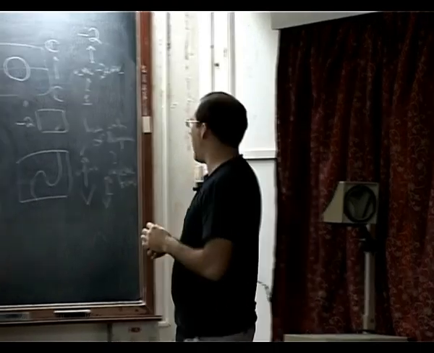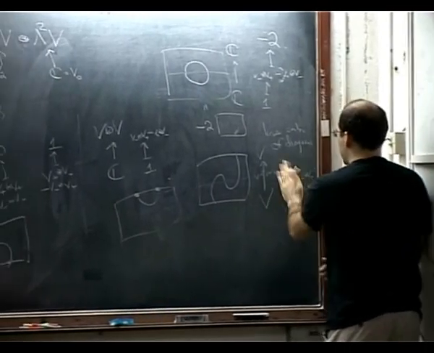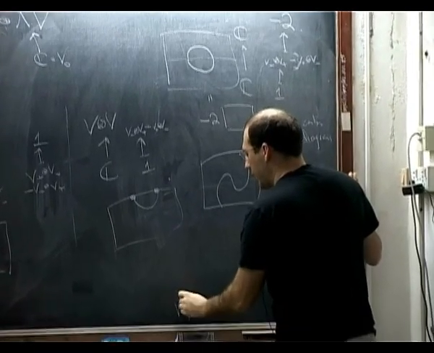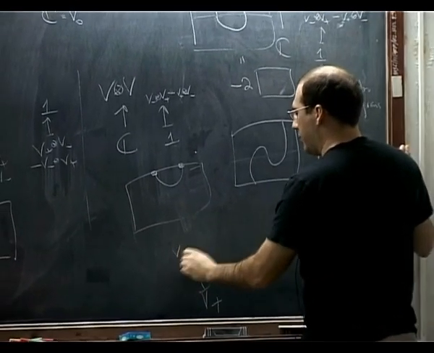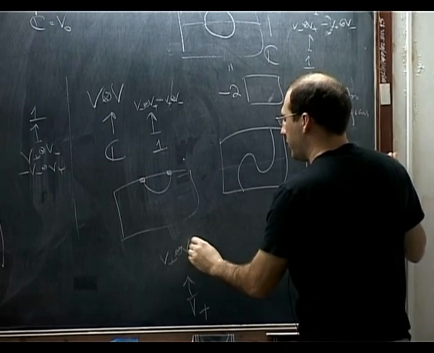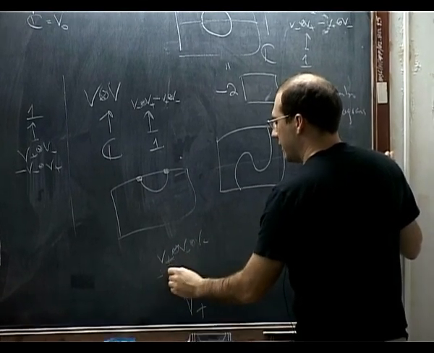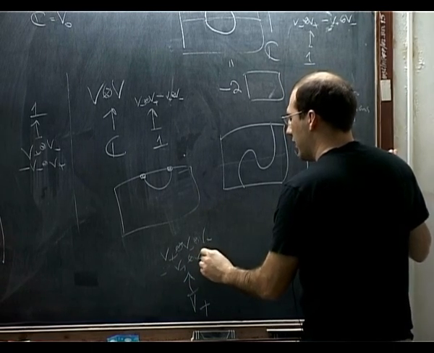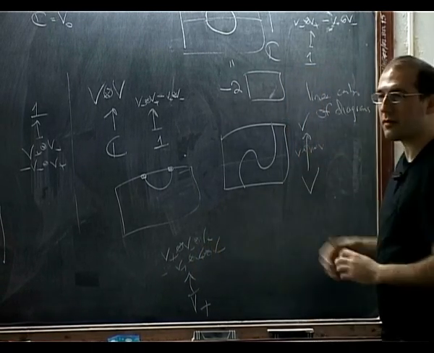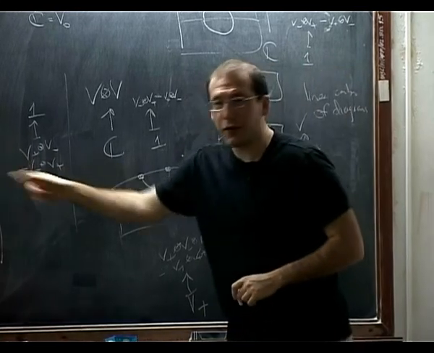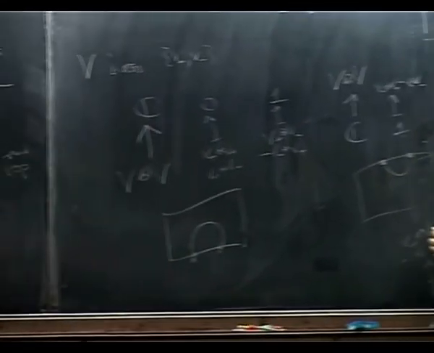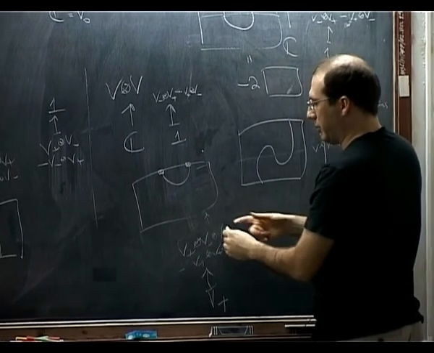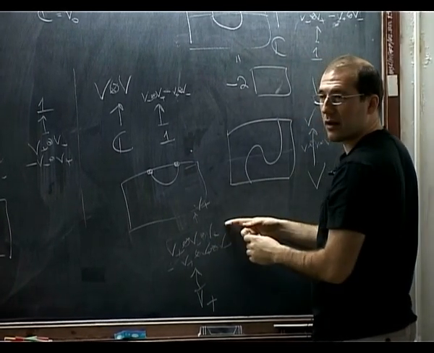Okay, so we need to check what happens. Okay, so I maybe should do this with a little more room. I'm sorry. So V plus is sent to V plus tensor V minus tensor V plus minus V plus tensor V plus tensor V minus. And then we do this to the first two terms. So when we anti-symmetrize this, we get 1 tensor V plus, so we just get V plus.